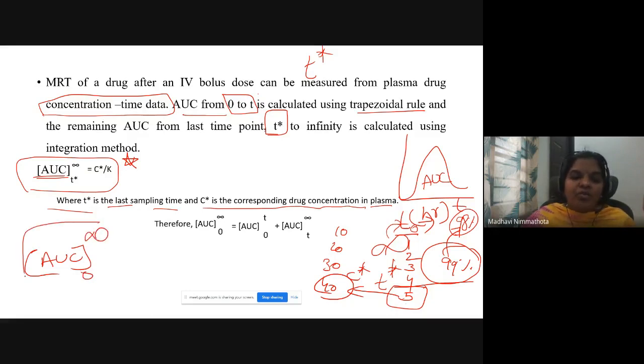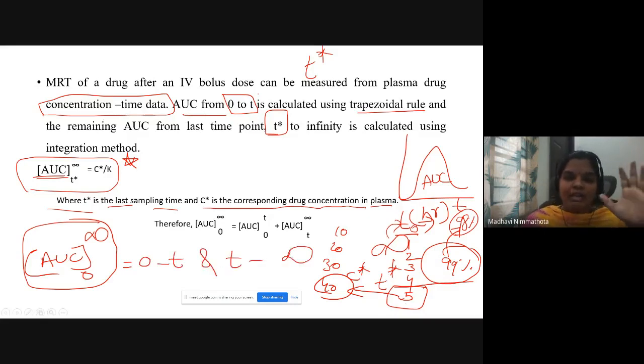So to get this AUC 0 to infinity, there is a need to calculate from 0 to T and T to infinity. So the residence time of the molecules from the initial time to T, and from T to infinity, we are going to calculate.